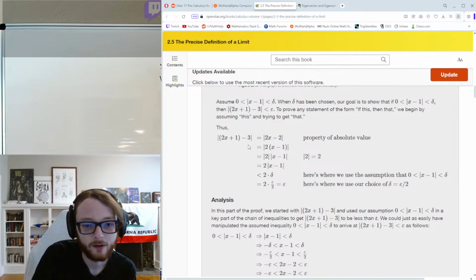All right, and then now that they figured out what choice of delta to make, wait. Why are they starting with this part?